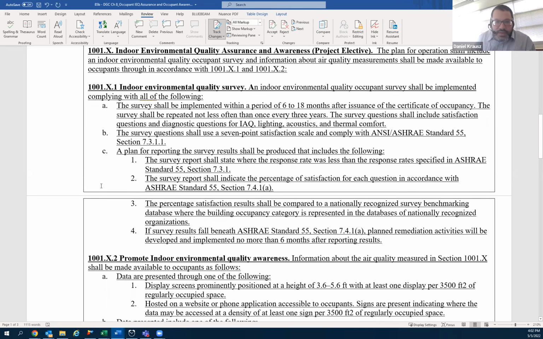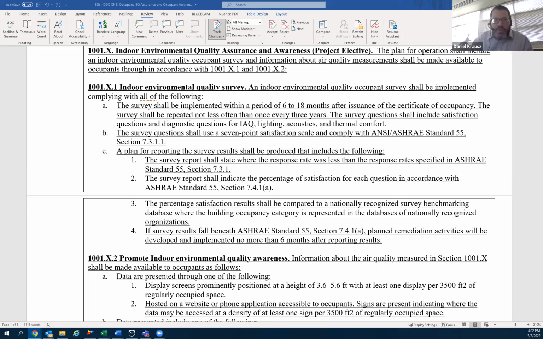So it sounds like the survey is actually taking place, but when it comes to the report, it doesn't say the survey should be reported. It says a plan for reporting.